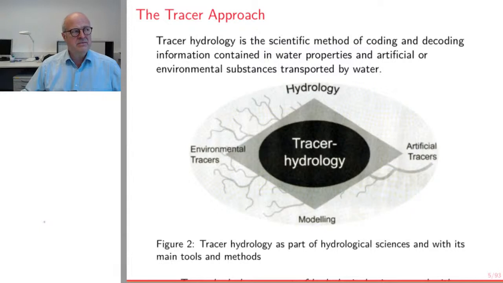These are substances that we do not inject ourselves actively, but that carry an input function by nature. Artificial tracers, on the other hand, are injected by us. We add artificial tracers to the hydrological system. And this defines and limits the field of application of both methods.